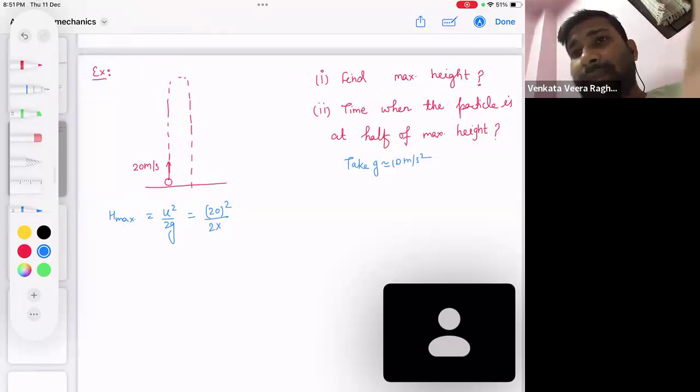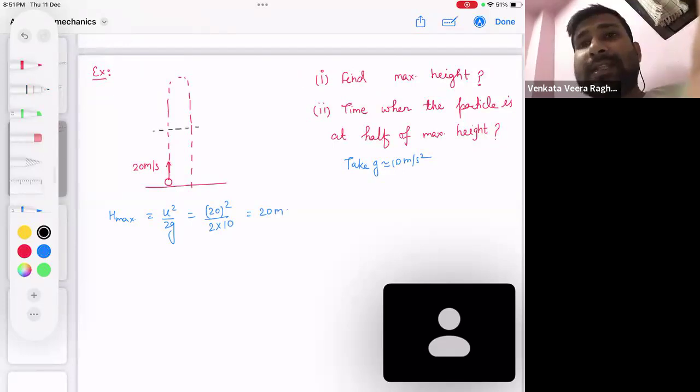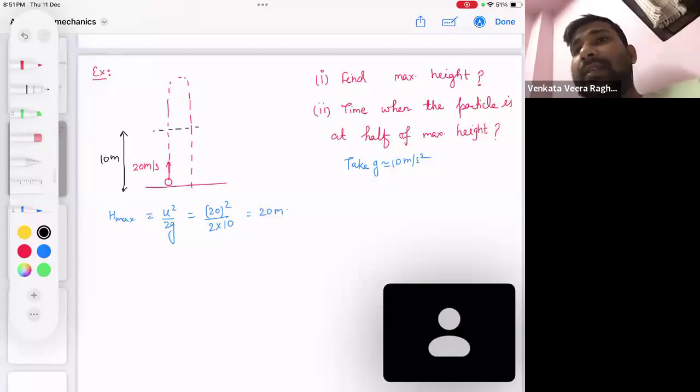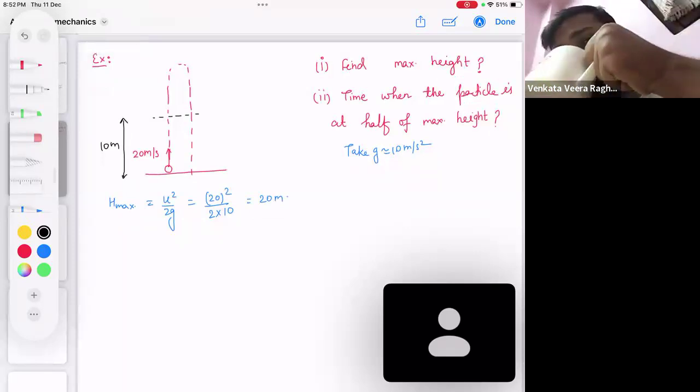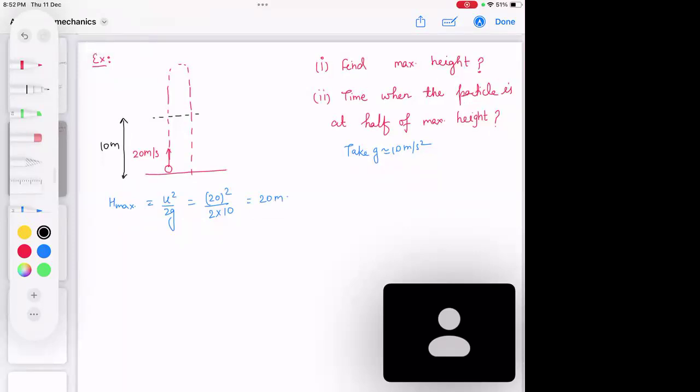So 2 into 10, we got 20 meter. So indirectly what I am asking you is, tell me when it reaches 10 meter above the ground. Now tell me, how many times will the particle be at 10 meter from the ground? Once or twice? Twice.